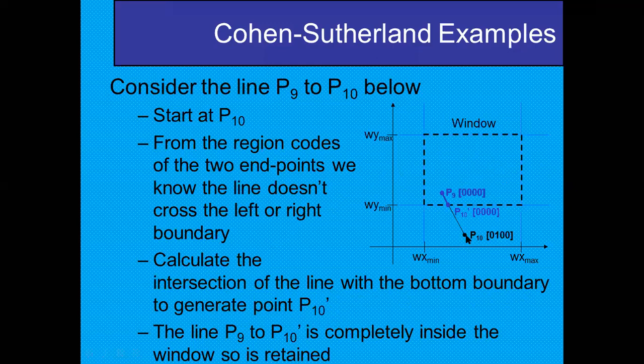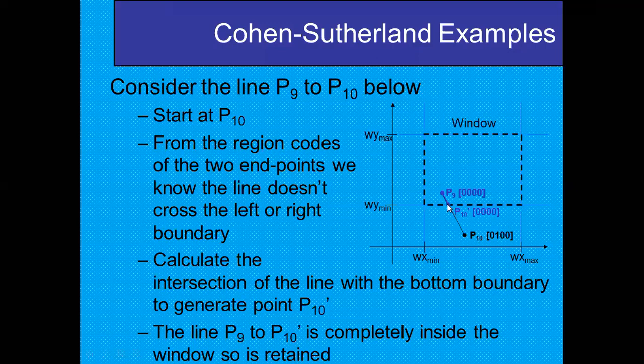Here you can see this is passing through the window edge, which means an intersection point. The name was earlier P9 P10, and now for this intersection point we are doing the nomenclature again, P10 dash. So P9 to P10 dash is completely inside the window, and we will retain the portion P9 to P10 dash.